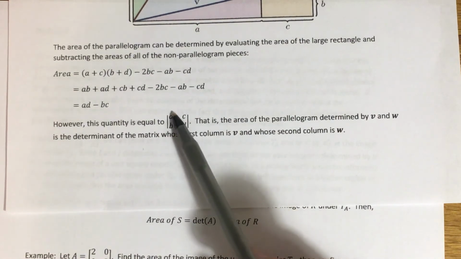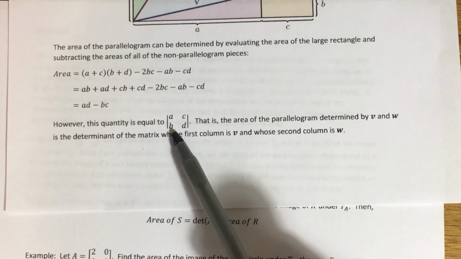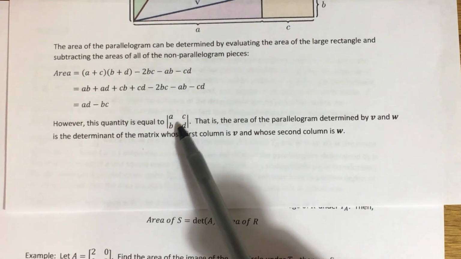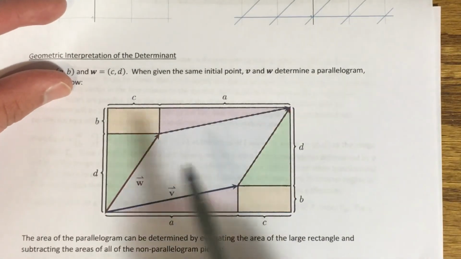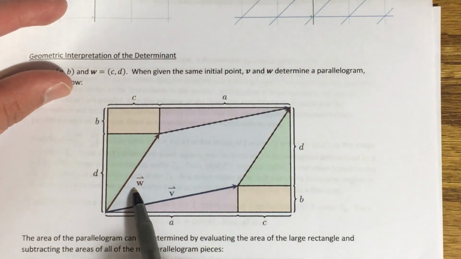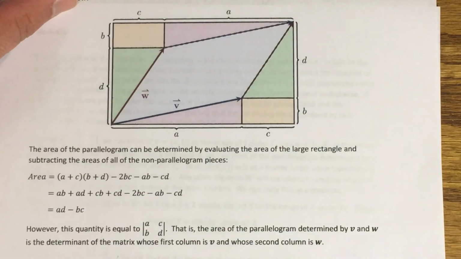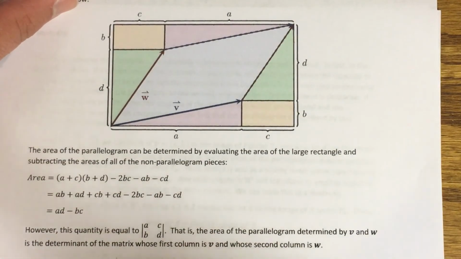Remember, this corresponds to the vector V, my first column. Second column corresponds to W. If you look at the vector in your first column geometrically, and if you have to rotate counterclockwise to get to the vector from your second column, that will always give you a positive determinant.